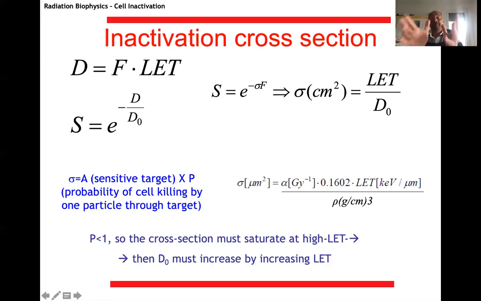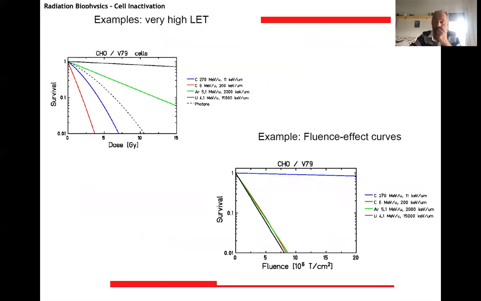So this is the reason. I mean, a simple explanation, if you want, from the target theory point of view is simply that you have a saturation of the cross-section. In fact, these are examples of fluence effect curves. You see, with the fluence effect curves, you don't see the coming back.